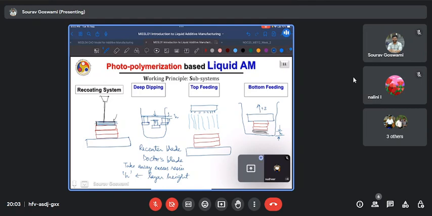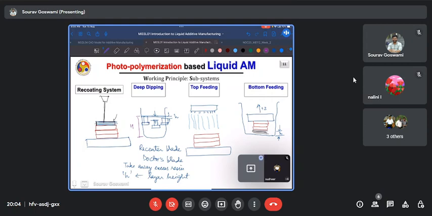And what you will appreciate in this case is that, here I needed a good volume of resin. Say I define it by the column of resin that I have, the height. A good or excess volume of resin was required in the case of deep dipping. In the case of top feeding also, we see that we need a good amount.